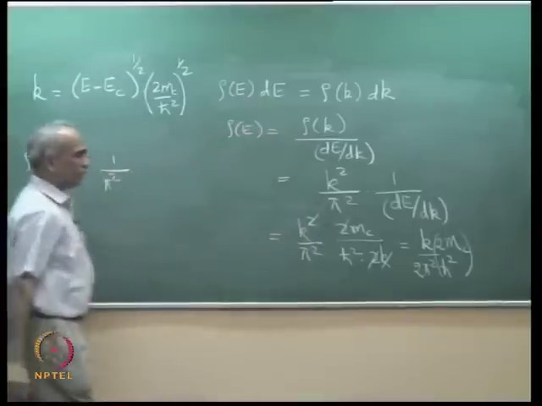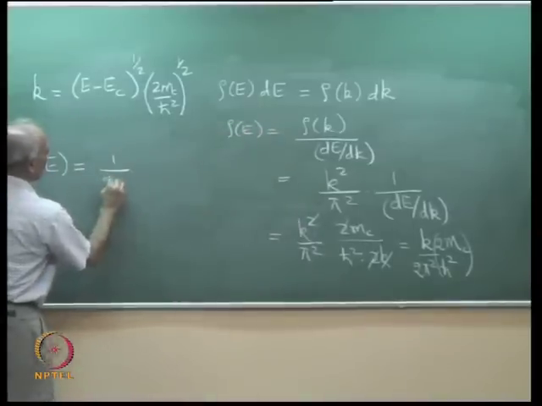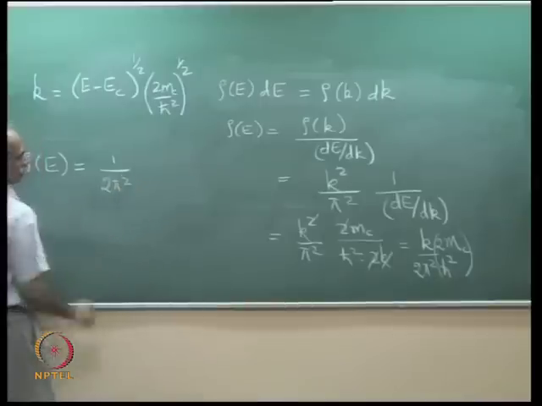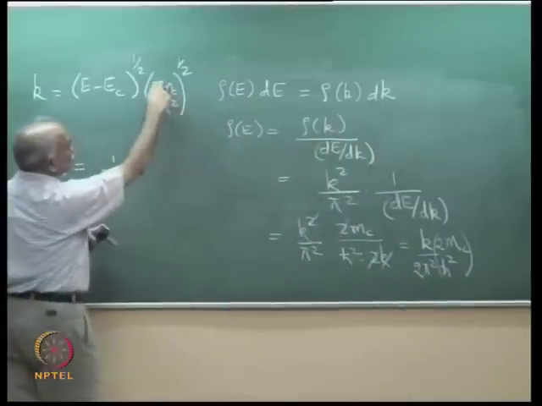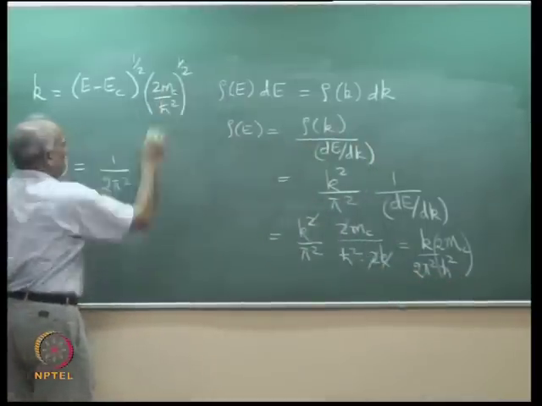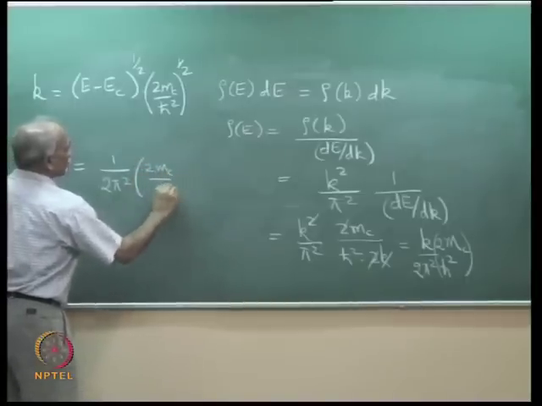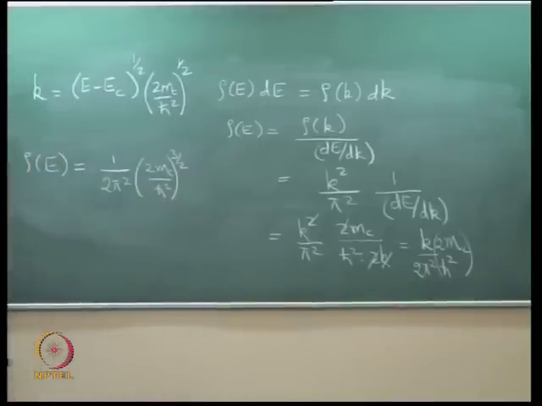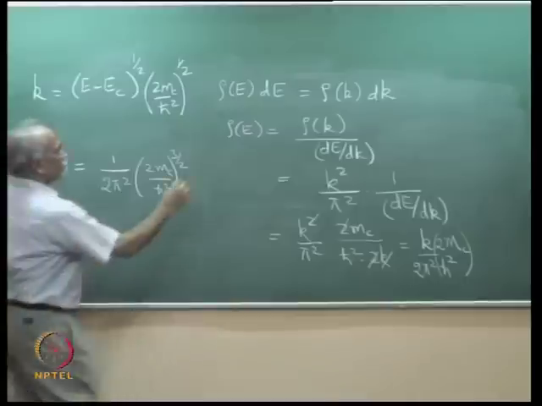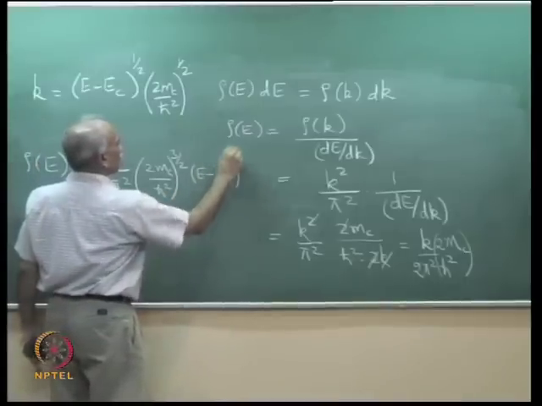Let me write this as 1 over 2 pi square. There is a 2 mc by h cross square, and there is a 2 mc by h cross square to the power half. So this is 2 mc by h cross square to the power 3 by 2 into E minus EC to the power half.